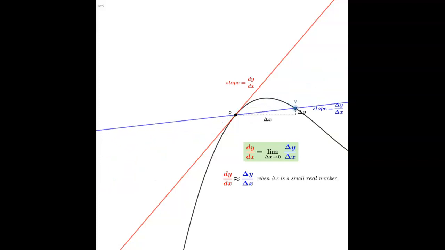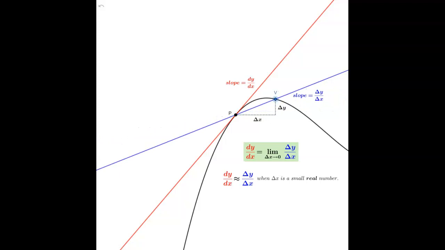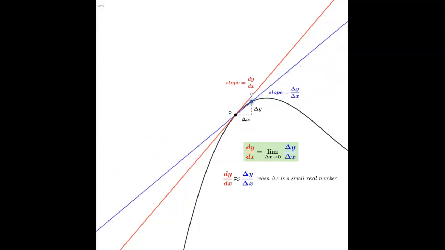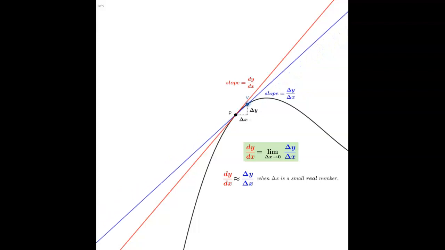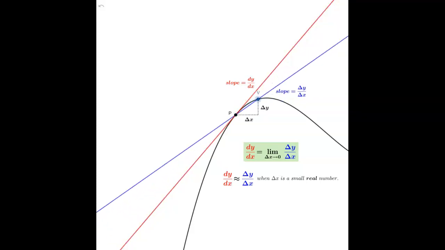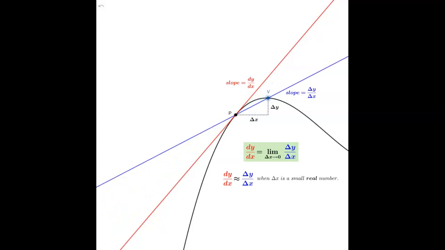So once again, we have our variable point, and as delta x goes to 0, this blue cutting line approaches the red tangent line, and therefore the slope of the blue cutting line approaches the slope of the red tangent line. And we say that in the limit, they are equal. And that's it. The stuff in that green box is the limit-based definition of a derivative.